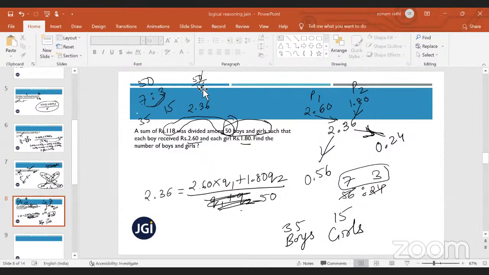Azim, how is it 20 and 30? You don't know how to divide in a given ratio. Ratio is what? 7 is to 3. So 7 plus 3 is 10. 50 divided by 10 is 5. Then 7 into 5 is 35 and 3 into 5 is 15.